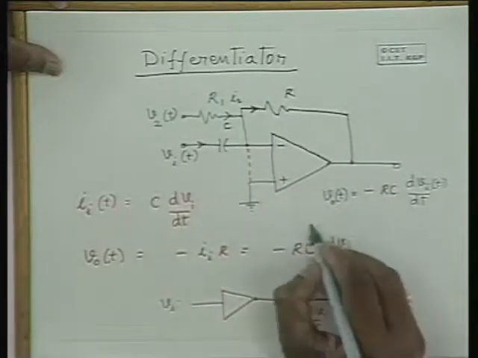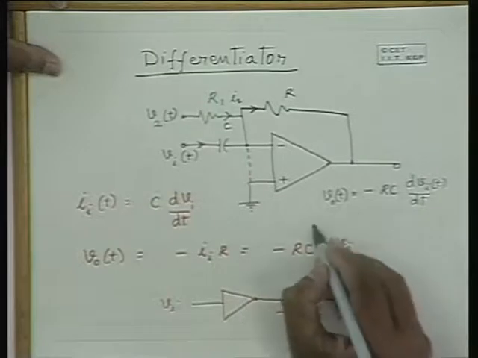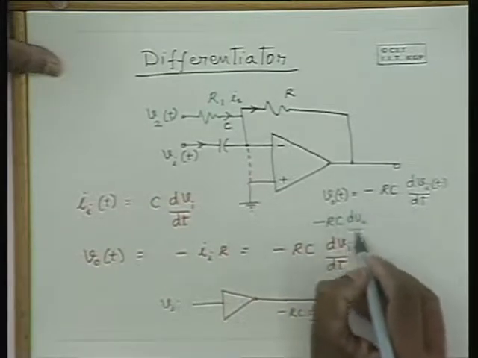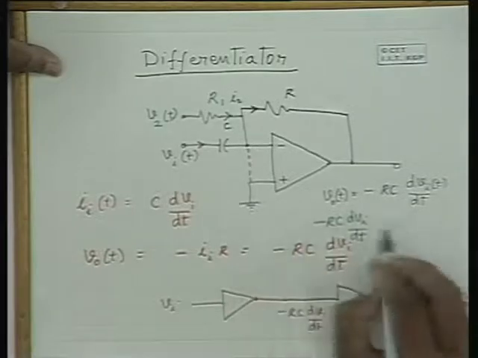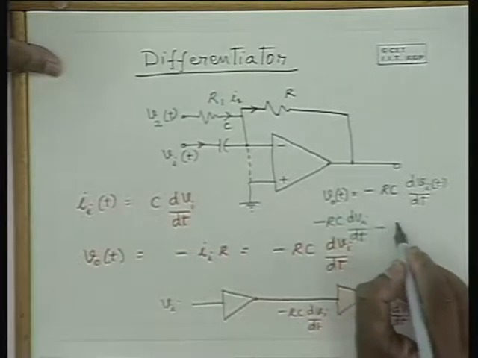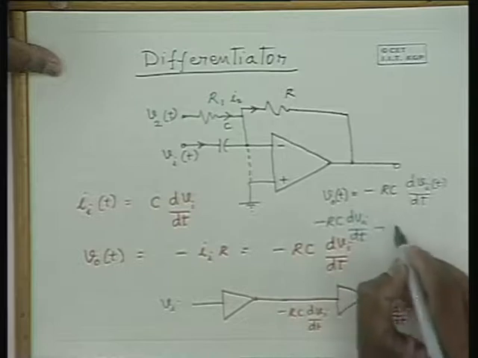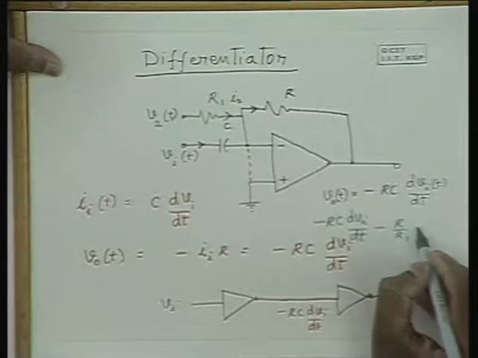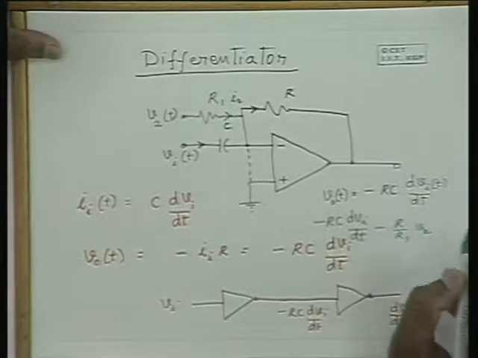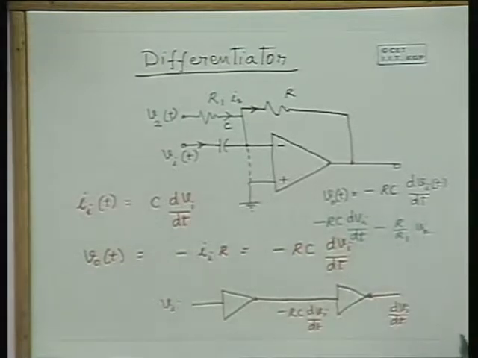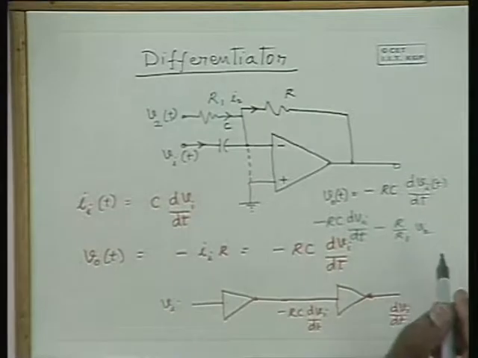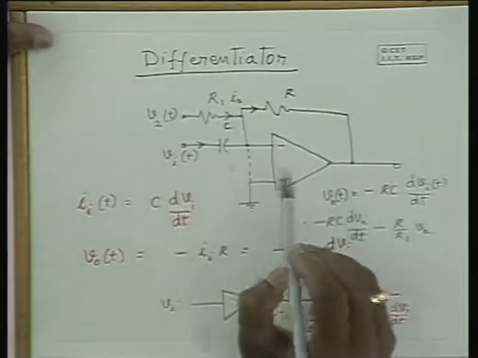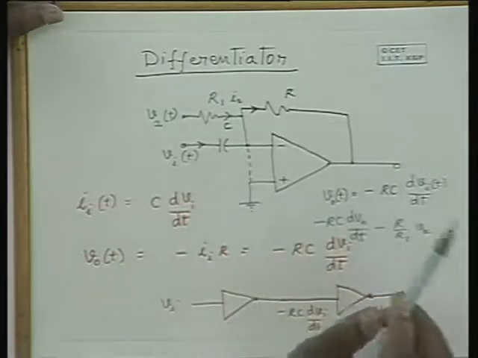Hence the function you will get here is minus RC dVi by dt minus, because it is an inverting amplifier, R by R1 into V2. This is what you get at the output. So this one combines voltage addition as well as differentiation applications.